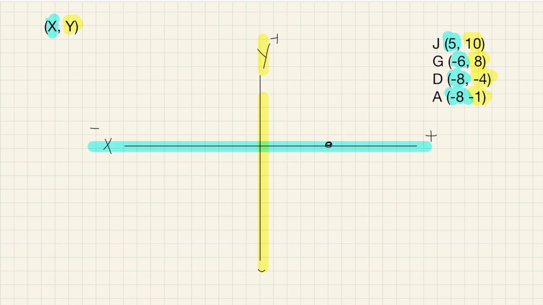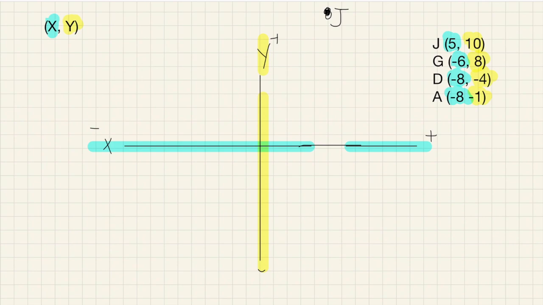And then up 10. 1, 2, 3, 4, 5, 6, 7, 8, 9, 10 would be all the way up here. So let me erase that point right there. All right, so we have J. This is point J up here.